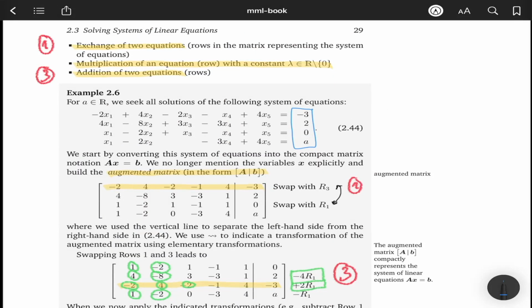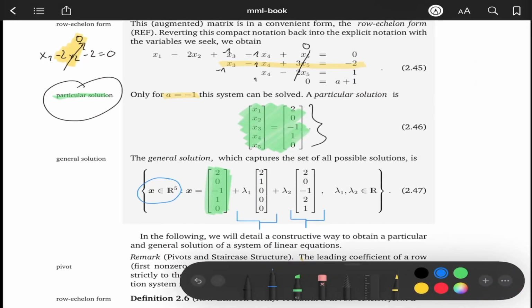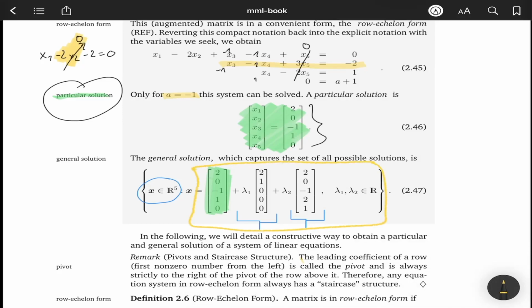Or if you just look at the augmented matrix here, you will have something like matrix A times a vector x equals b. So we're looking for a single vector which is true, but it's not always one vector. There are many vectors, a set of vectors, but if you read this form here, this is x.